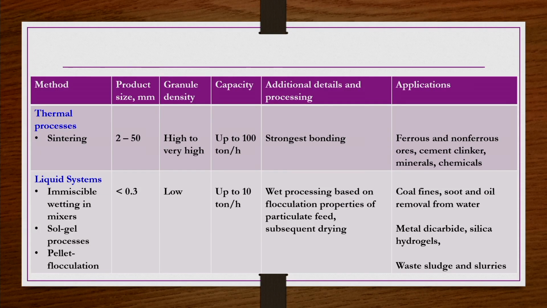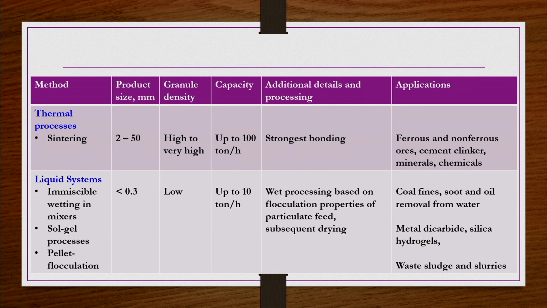In wet processing based on flocculation properties of the particulate feed, subsequent drying generally takes place. Applications are found in coal fines, soot and oil removal from water, metal dicarbide, silica, hydrogels, waste sludge and slurries, etc. In processing such materials, we often need liquid systems where these size enlargement methods are involved.